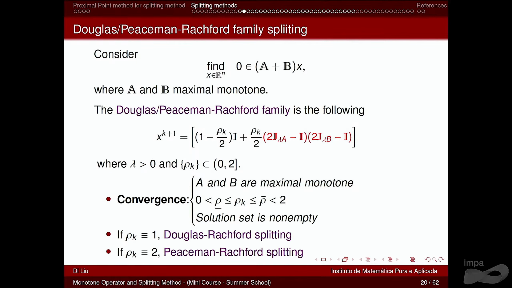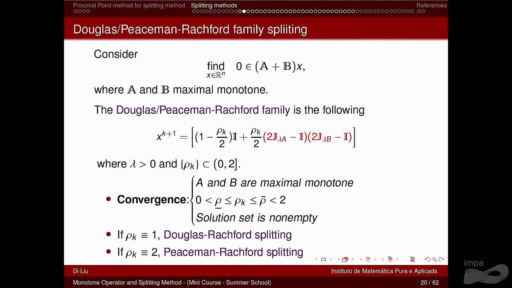First, we have this red part, which is the reflection of A composed with the reflection of B. And then you make a combination with the identity. This iteration converges when A and B are maximal monotone, the coefficient rho_k is greater than 0 and less than 2, and the solution set is non-empty. We state the convergence result at the beginning.